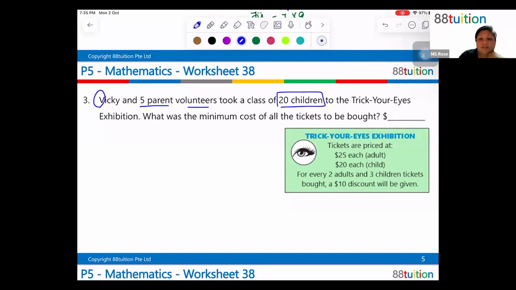Adult. Okay, so everybody's an adult. If this is an adult, these are 5 adults. Total, how many adults? Total 6 adults.